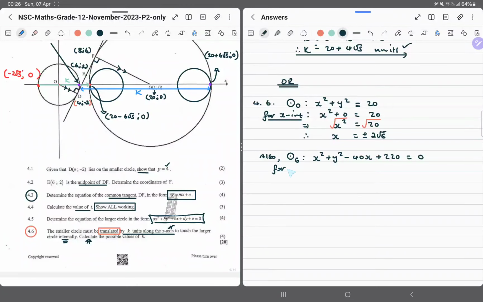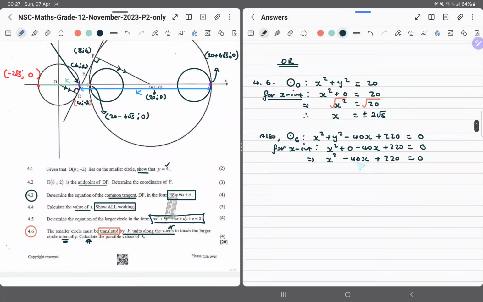So we can do the same and say for x-intercepts, it will be such that x squared plus 0 minus 40x plus 220 is equal to 0, which implies that x squared minus 40x plus 220 gives us 0.